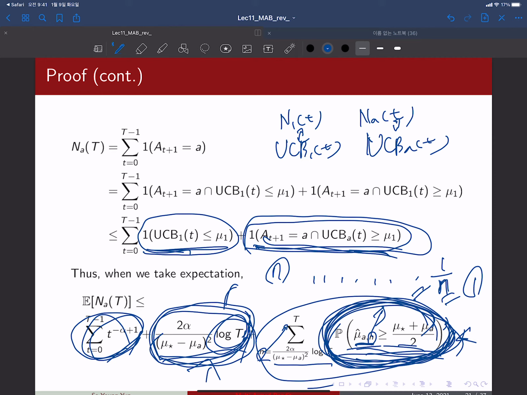You can make a log t regret from here. Because we already have a log t term here, this additional log t doesn't matter. Of course, you can make a constant term for here, and you can decrease this part more, but as long as you decrease this term, this will increase.